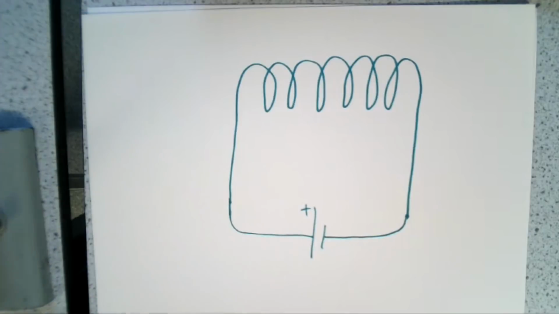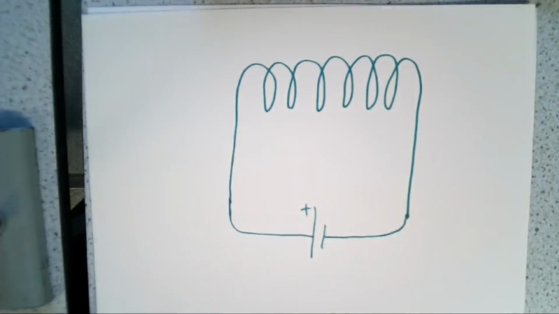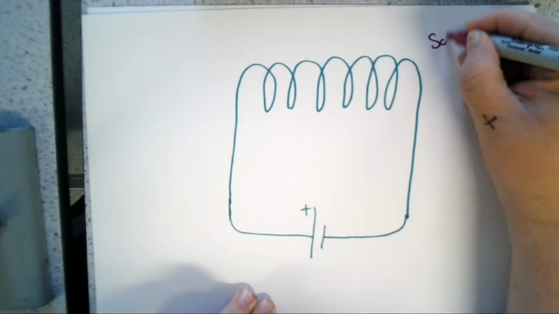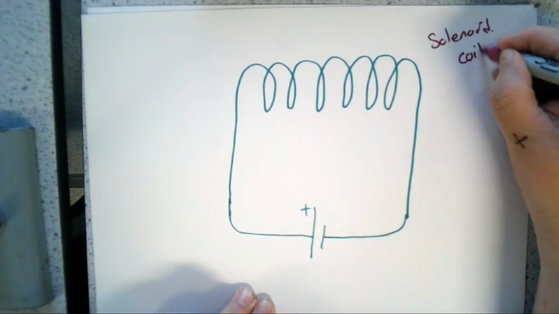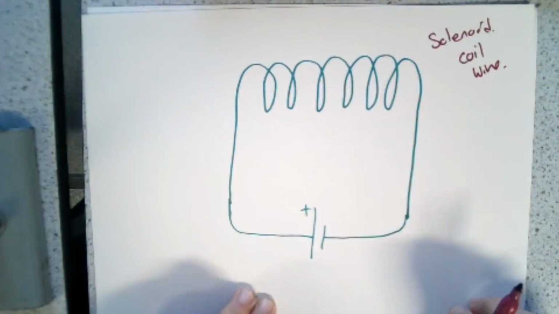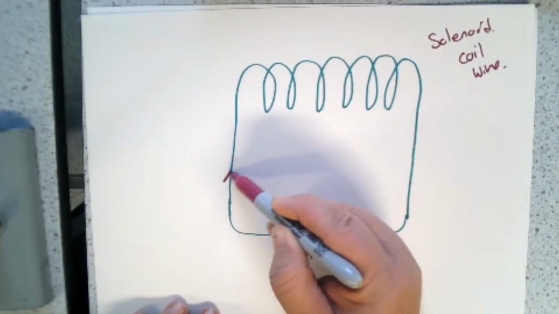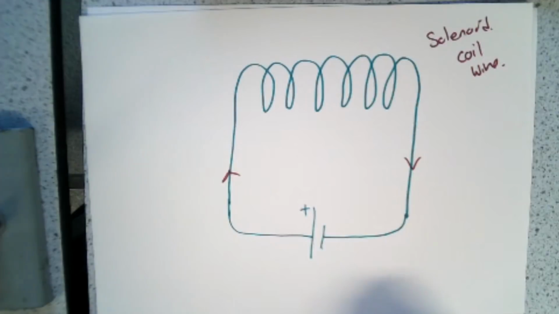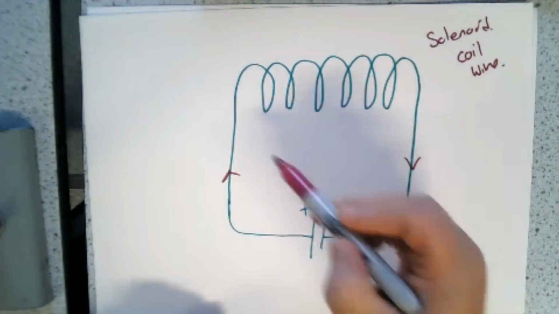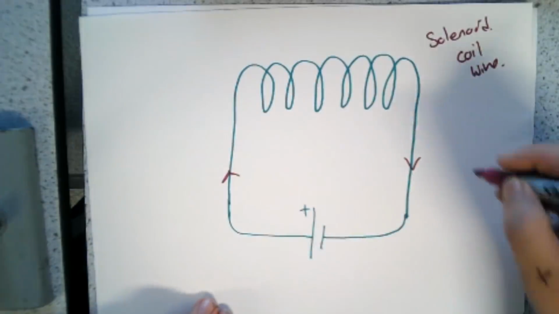So this is a solenoid, and it's a coil of wire. All right. Now, as the current flows through the wire, I'm going to put some arrows on there, it creates a magnetic field. Okay. Now, because the coils of wire are close together, it makes that magnetic field stronger.